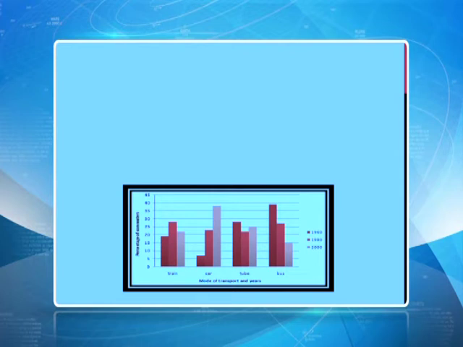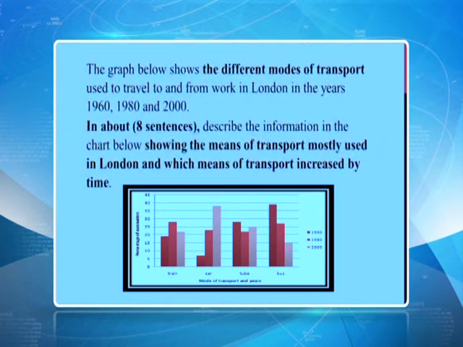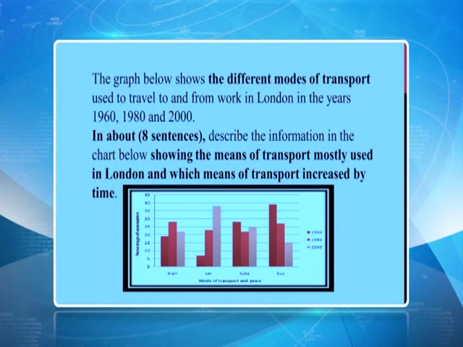Let's do an example together. Look at this chart. We have a question, which is: the graph below shows the different modes of transport used to travel to and from work in London in the years 1960, 1980, and 2000.